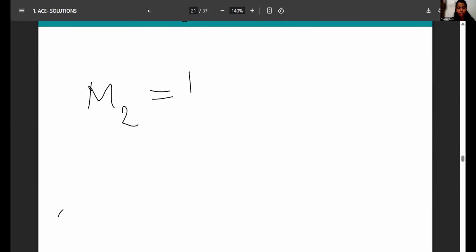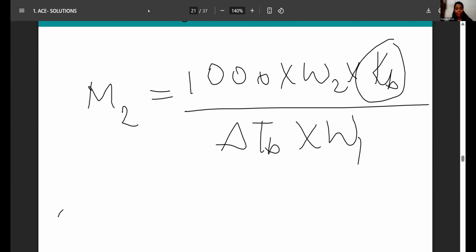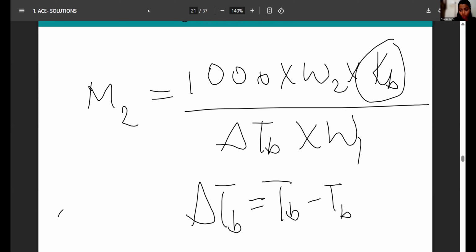Then you have the difference, and W1, W2 are weights. And sometimes delta TB is not given directly. In that case, you have to calculate it manually. How do you calculate it manually? As I told you previously, TB minus TB not.